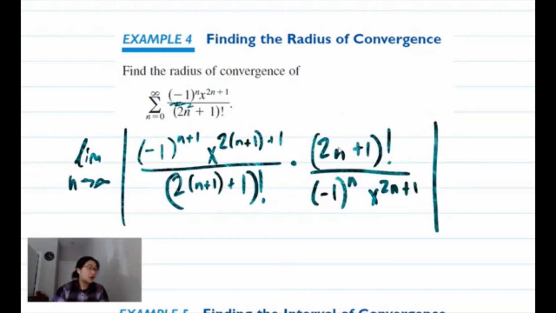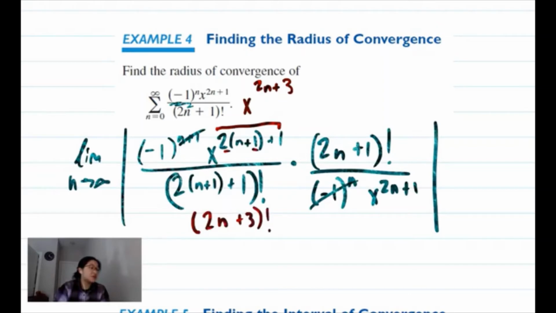And so, what are we left with? Well, we can do some algebra. The negative signs go away. Up in here, this power, we're ending up with x to the 2n plus 3, because we're distributing out the 2. Which also means down here we have 2n plus 3 factorial.